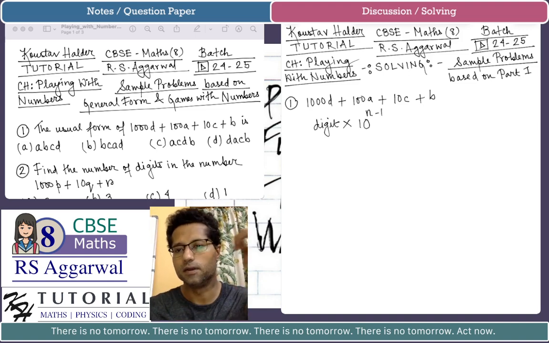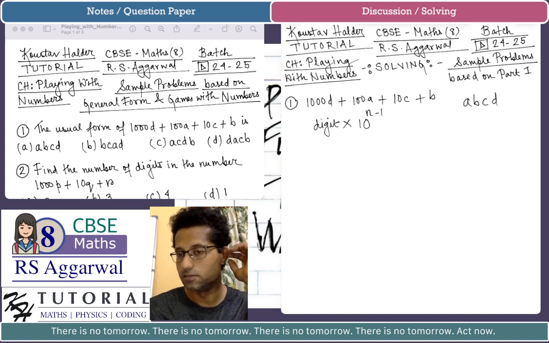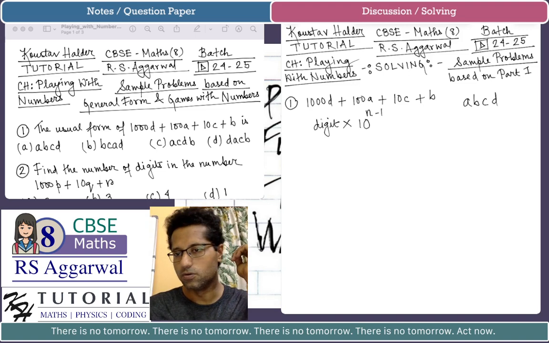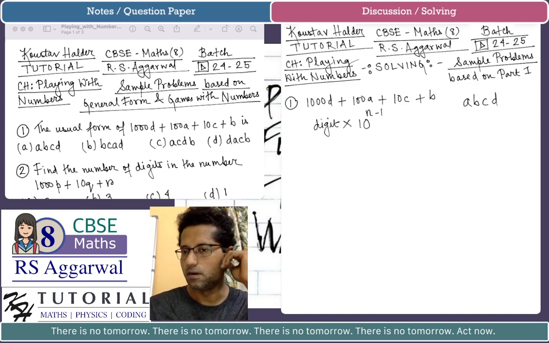If I consider a number, let's say A, B, C, D, the rightmost digit is D, which is the digit at the units place, and the leftmost digit is A. So the rightmost digit, its place serial wise is 1. This is the second digit. This is the third digit, and this is the fourth digit from the right hand side.